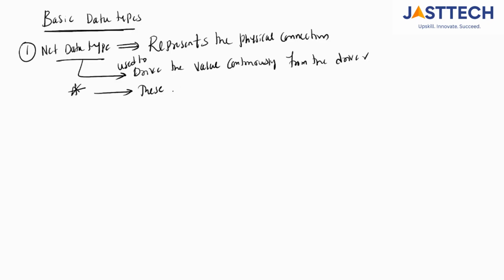Mainly when you want to drive any value, for that purpose you are using the net data type.